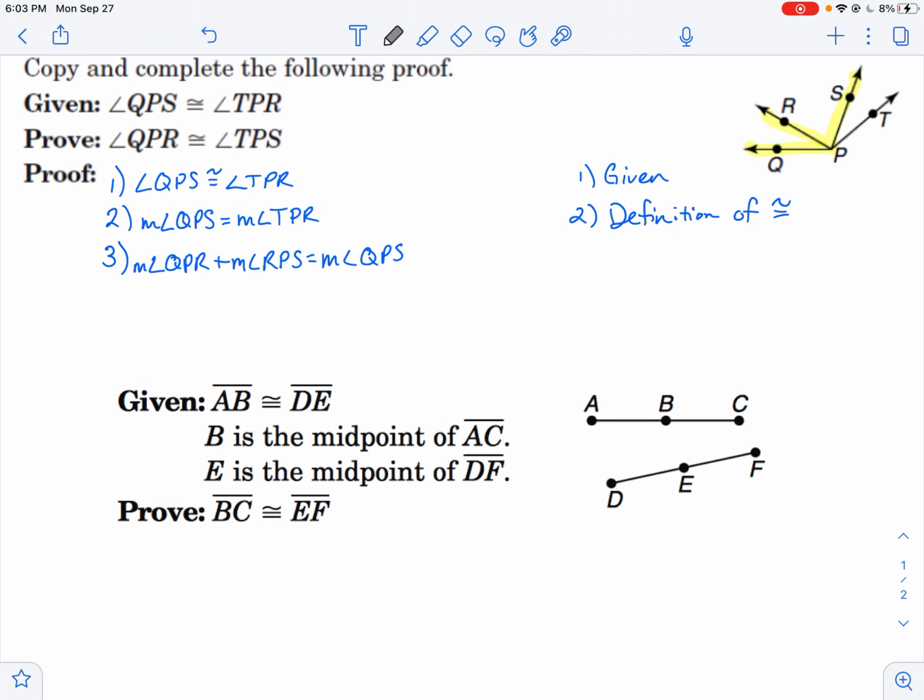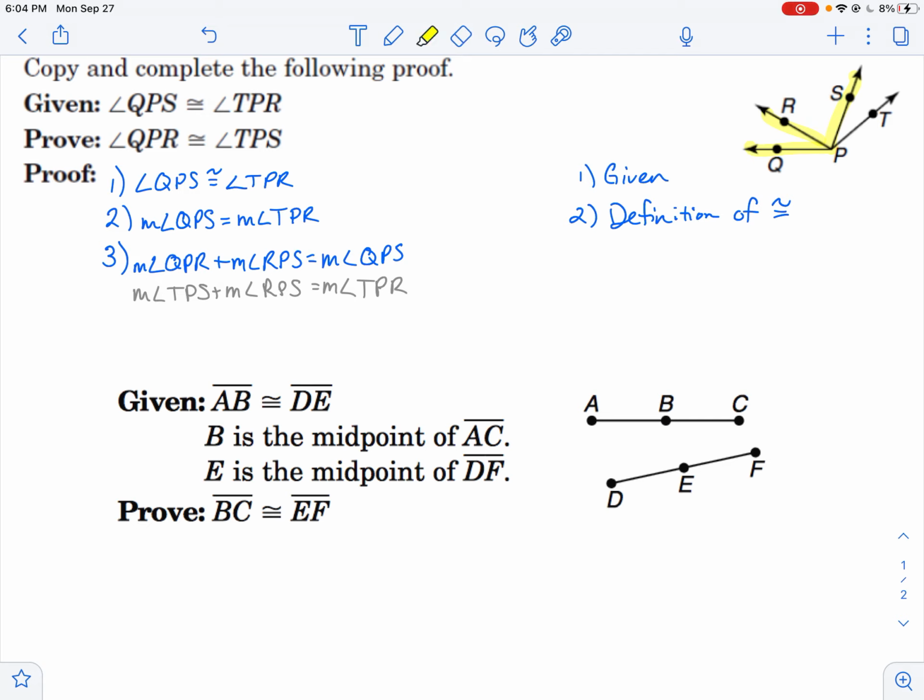Maybe I'll change colors for this one. Measure of angle TPS plus the measure of angle RPS equals the measure of angle TPR.